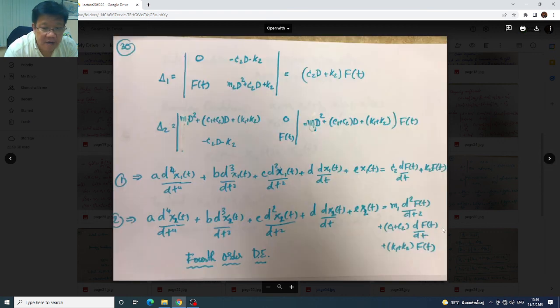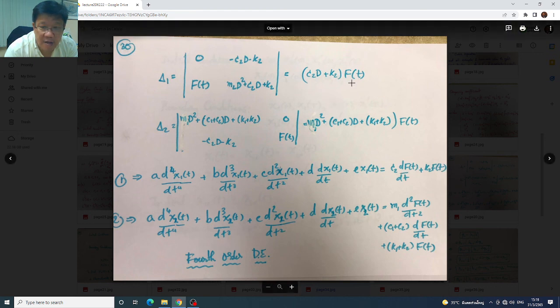Since delta 1 divided by delta 0 equals x1 as a function of t, you move delta 0 to the left hand side, and you get delta 0 x1 of t equal to delta 1. So here you just replace D by d/dt, and D squared by the second order, and third order and fourth order.